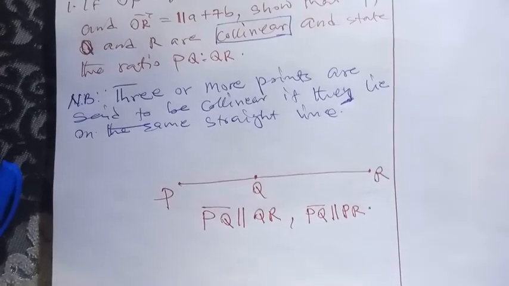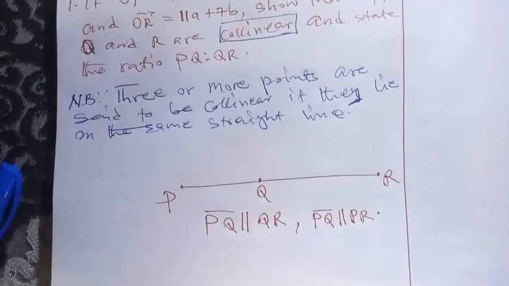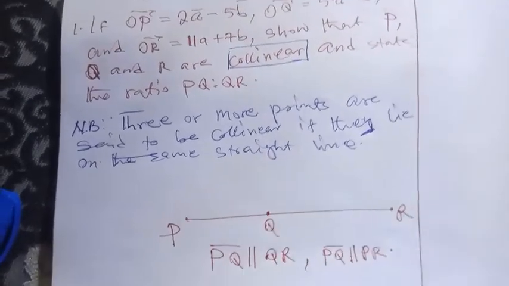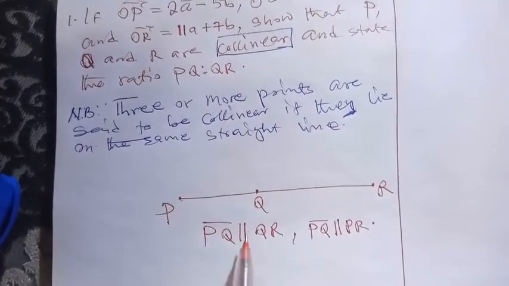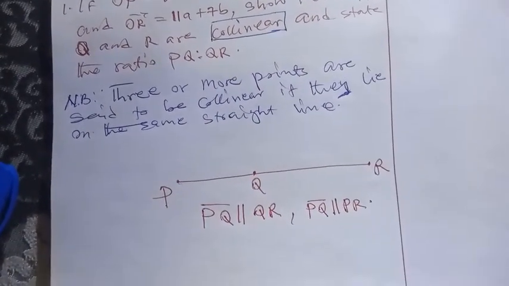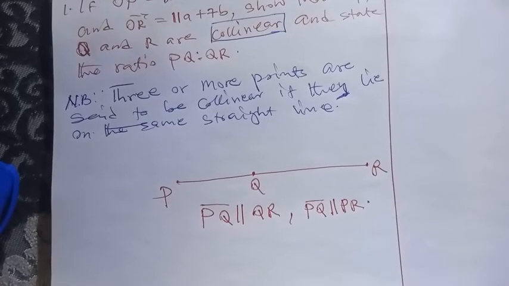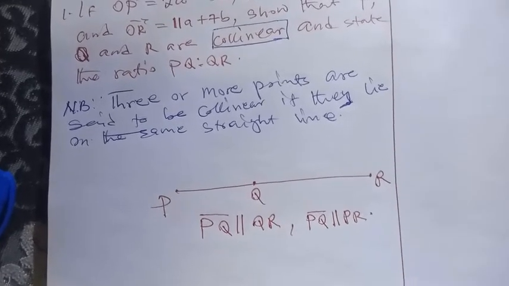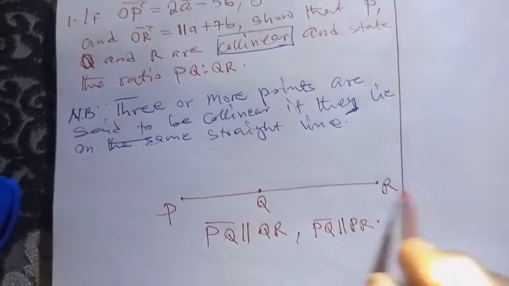Remember what I taught you in the first or second video. I said when two lines are parallel, they form vectors that are multiples of each other. For instance, PQ is parallel to QR.